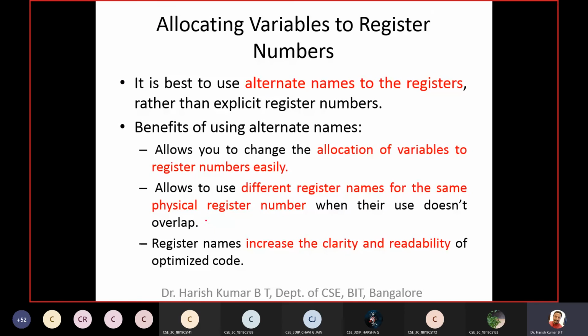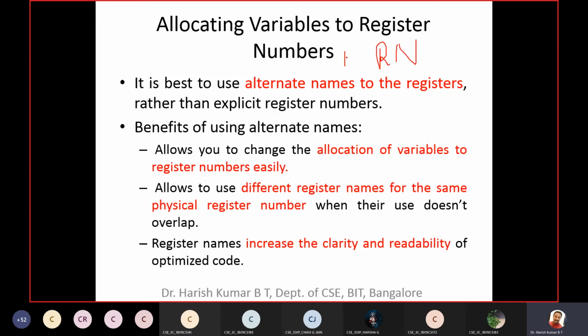Then, allocating variables to the registers. I have already told you this. While writing the program, till now we were directly using the register numbers R0, R1, R2. To make your program more meaningful and readable, you can assign alternate names to the registers by using the assembler directive RN.